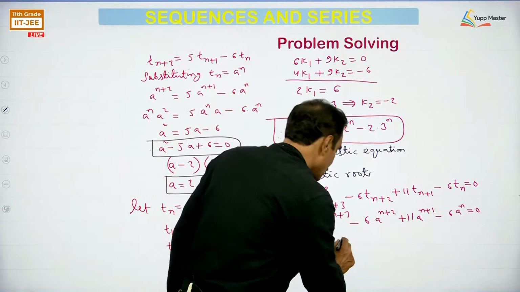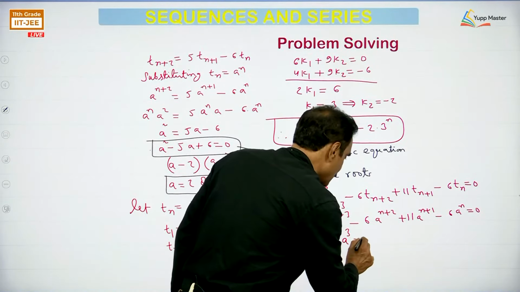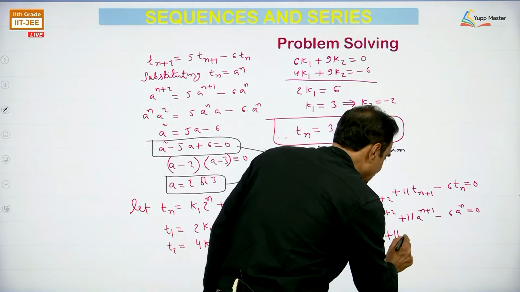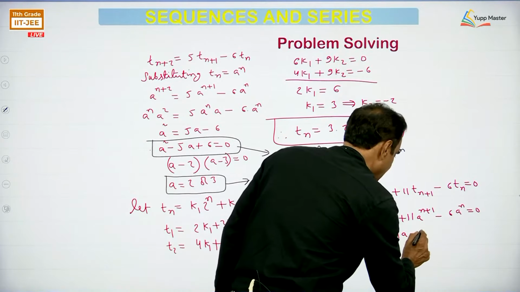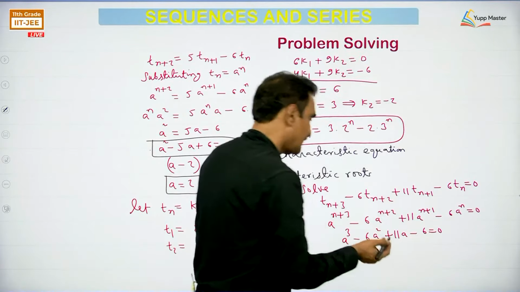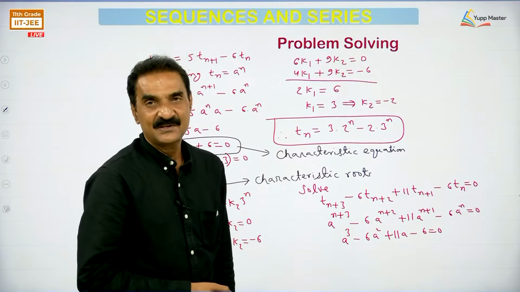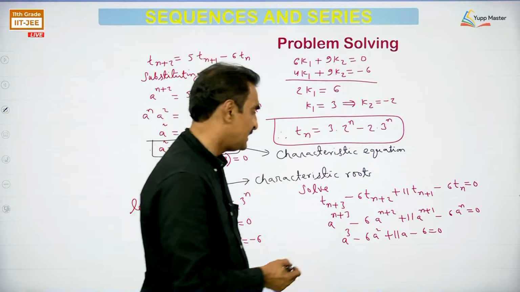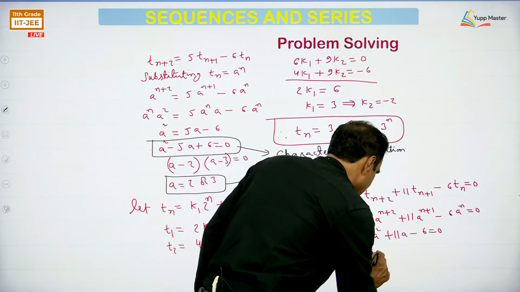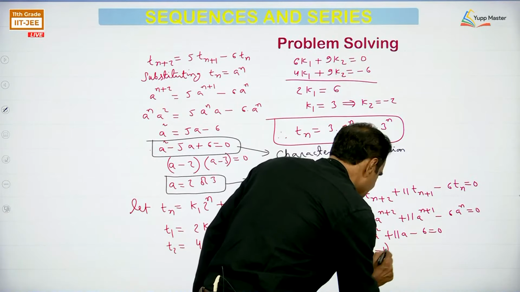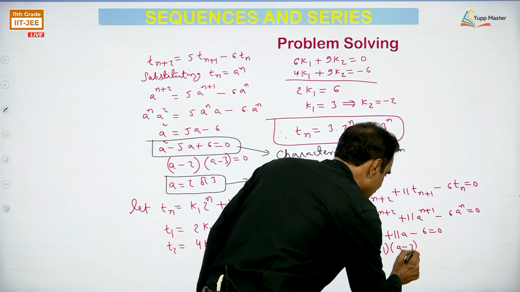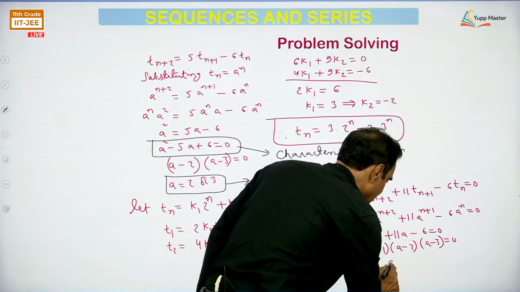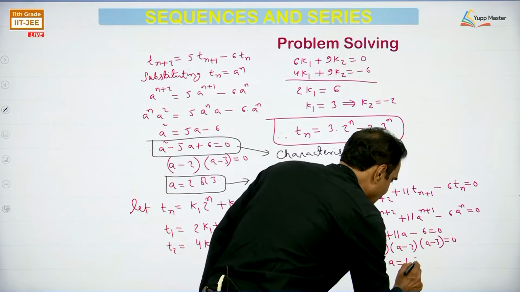Then you will get the cubic equation a cube minus 6a square plus 11a minus 6 is equal to 0. It is called the characteristic equation of the recurrence relation, and if you solve, you will get factors a minus 1 into a minus 2 into a minus 3 is equal to 0. We will get characteristic roots as 1, 2, 3.